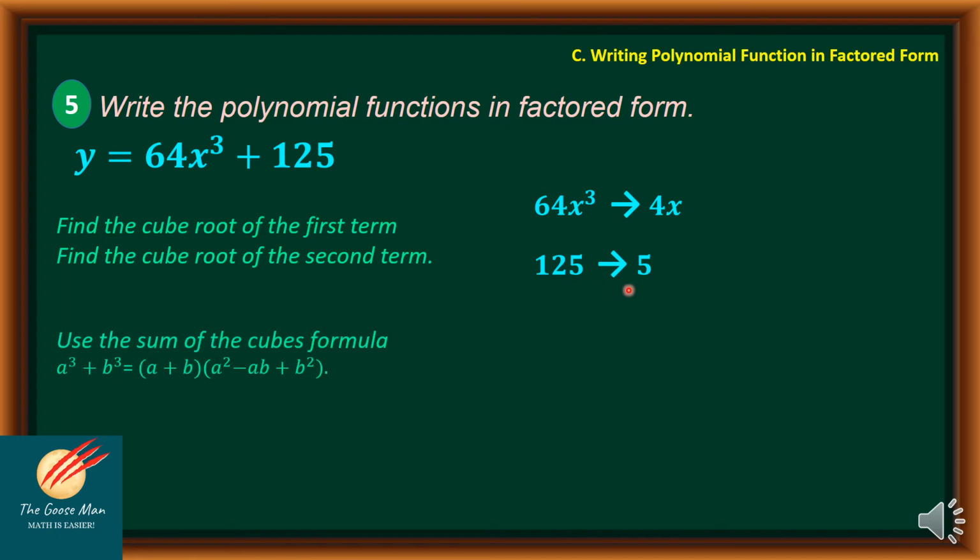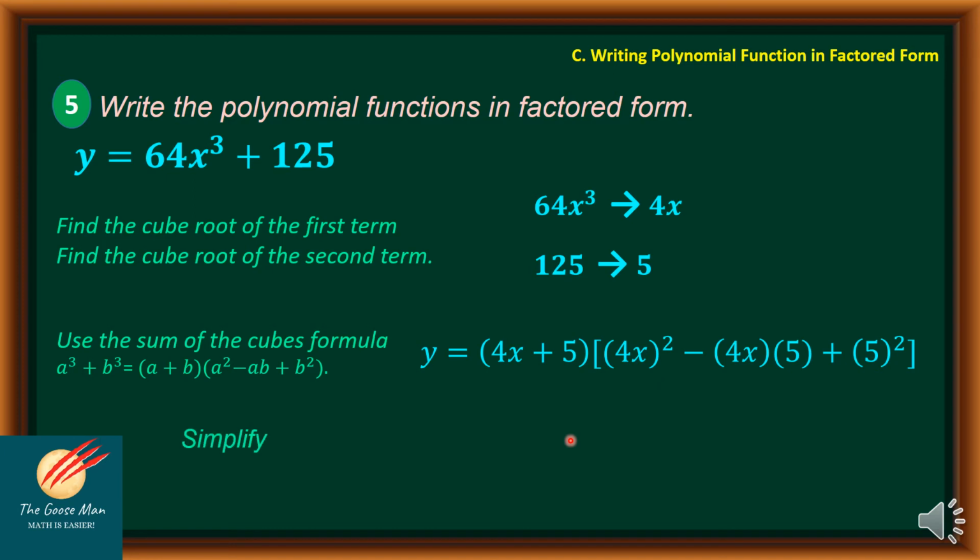The next one is we will use the sum of the cubes formula. So I have here 4x as the first term and 5 as the second term. Now to use the sum of the cubes formula, I'll square the first term, then multiply the first term and the second term, but opposite in sign, plus the square of the last term to get the trinomial factor.